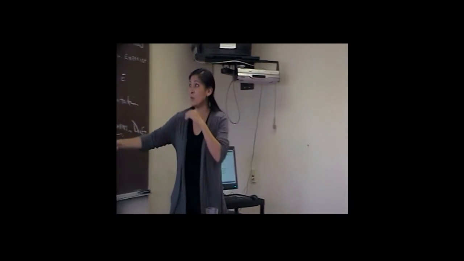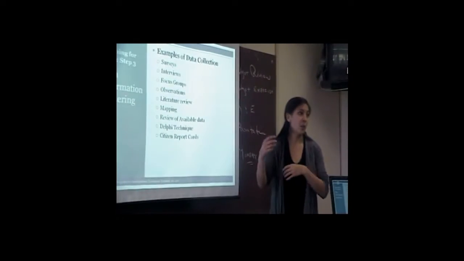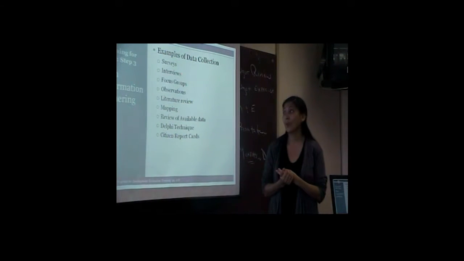And then they would say, okay, it looks like all of you want the community to be cleaner. So why don't we do a project about littering? Or it looks like all of you want to have jobs. So why don't we do a project on economic opportunities. And so that's kind of like community mapping. It's a way to get people's input on what they want their community to look like, or what they think their community looks like.